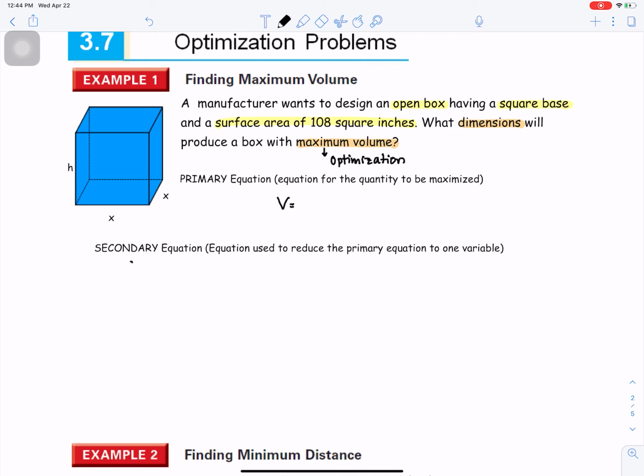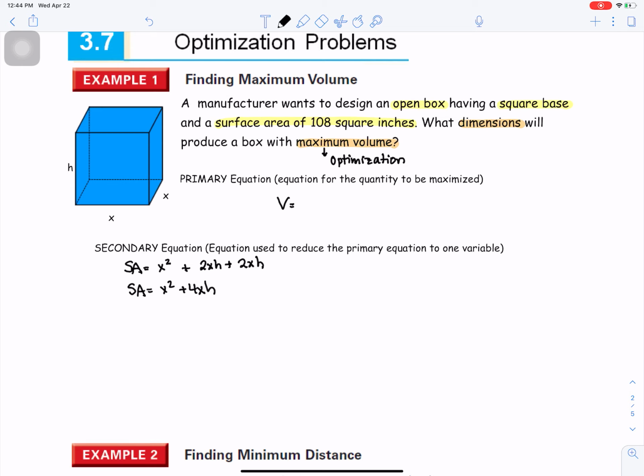So my surface area equation is going to be the area of the base, which is x squared, the area of the front and back, which is 2xh, and then the area of the two sides, which is 2xh. So in this case, my surface area is x squared plus 4xh.